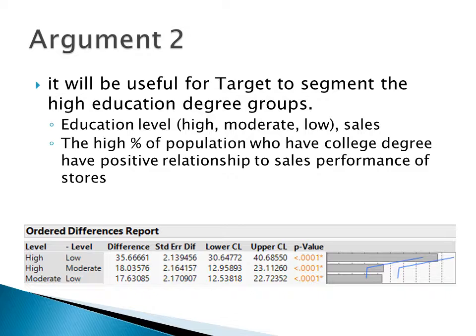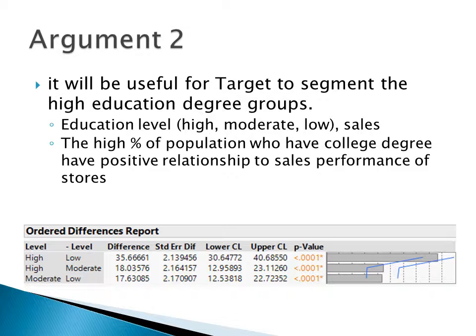High means a high percentage of the population who have college degrees. Moderate means a moderate percentage of the population who have college degrees. Then I did the one-way ANOVA test, and I found that areas with a high percentage of the population with college degrees have a positive relationship to sales performance of stores.